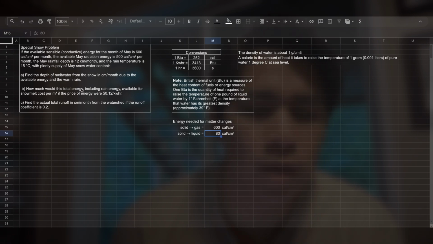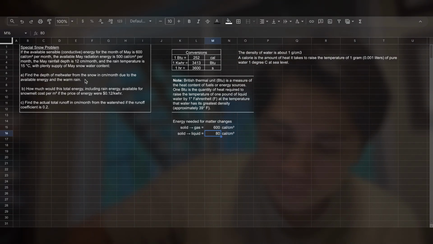So basically, we need to solve how much water the wind will produce from the snow melt, how much water the sun rays will produce, and how much water the rain falling on the snowpack will produce. And to solve that, we are going to do it this way.